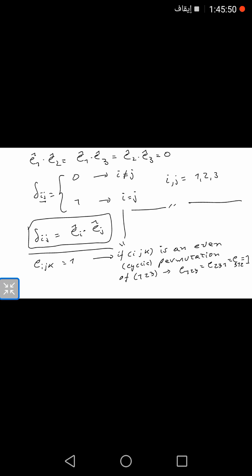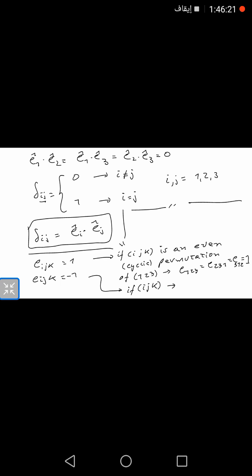Another case for the Levi-Civita symbol is -1, if ijk is a non-cyclic permutation.